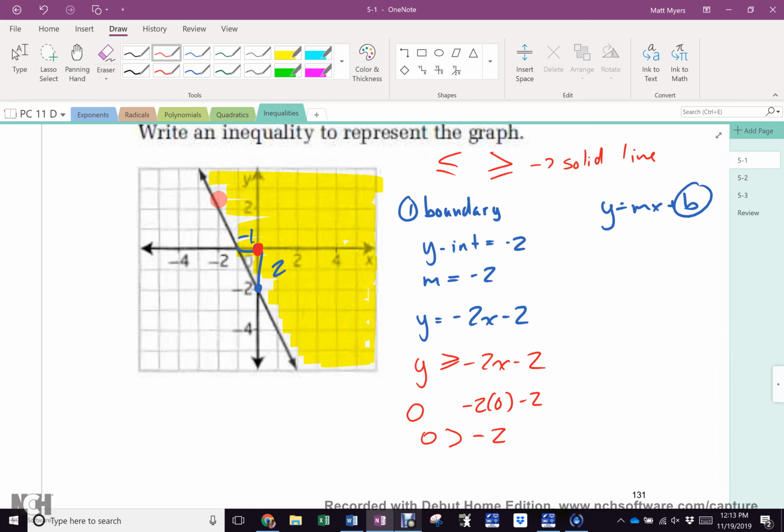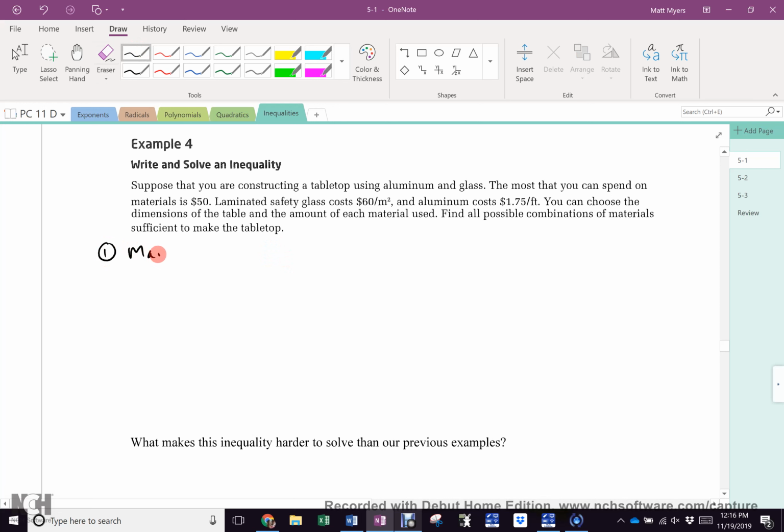Jacob. You know you have a max of 50, so whatever you do has to be what? Less than. You have a max of 50. Does that change? No. So 50 can't have any x's or y's, can it?